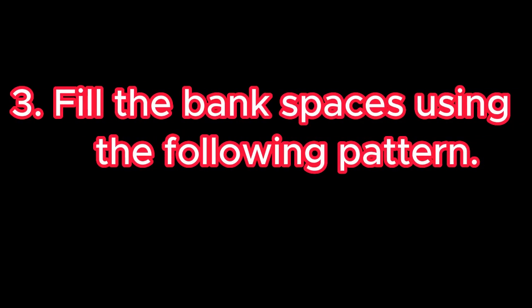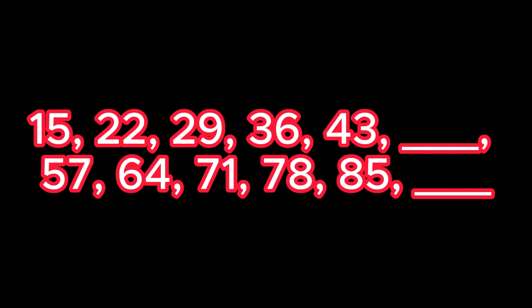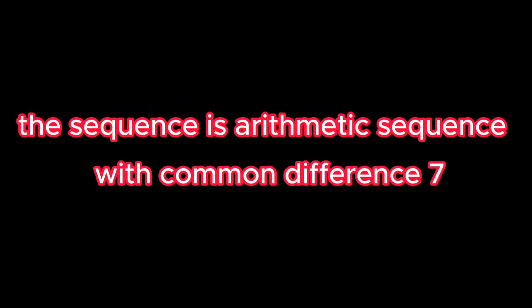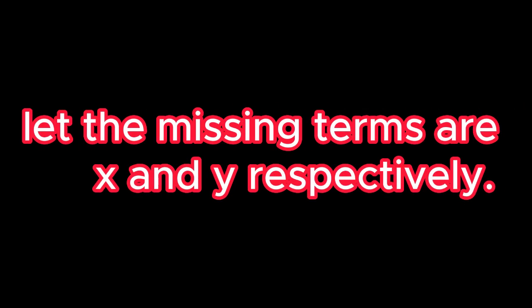3. Fill the blank spaces using the following pattern: 15, 22, 29, 36, 43, _, 57, 64, 71, 78, 85, _. Solution. The sequence is an arithmetic sequence with common difference 7. Let the missing terms be x and y respectively.